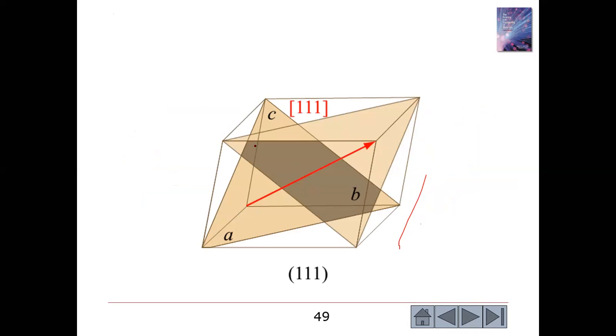Now, if you look at this, we have 2 triple one planes here. One is this plane, and the other is this plane. Right? Clear?